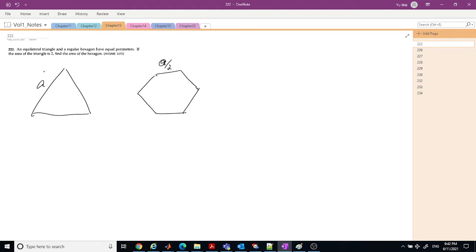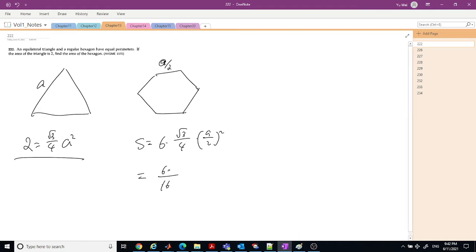So the area of the triangle, 2, equals root 3 over 4 of A squared, and S is equal to 6 times root 3 over 4 times (A over 2) squared. So this equals 6 over 16 root 3 A squared, right?